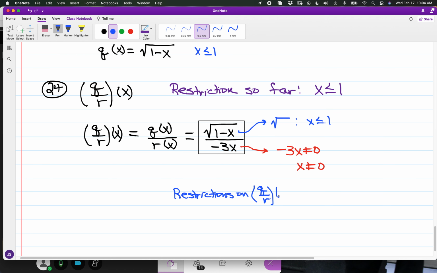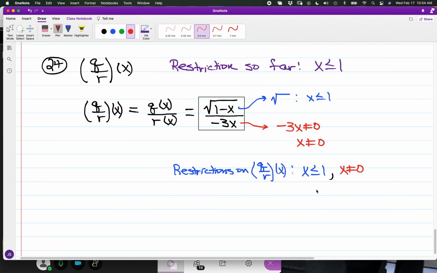For the restrictions that we have placed upon Q over R of X, again we have that X is less than or equal to 1, but also we have that X cannot be equal to 0. And so we have X is less than or equal to 1, but you also have the added restriction that X cannot be equal to 0.